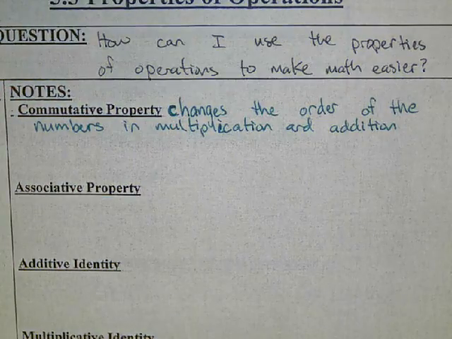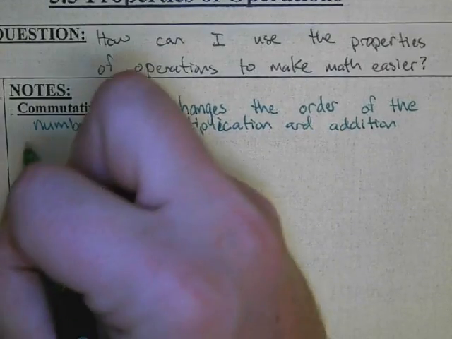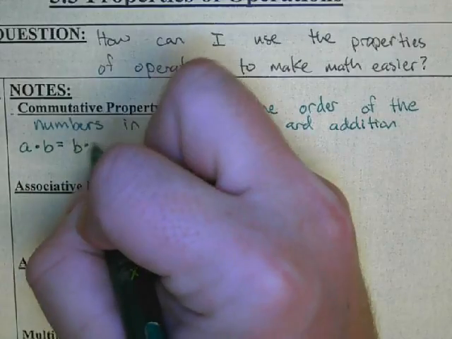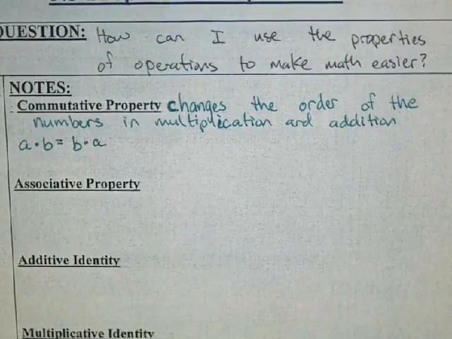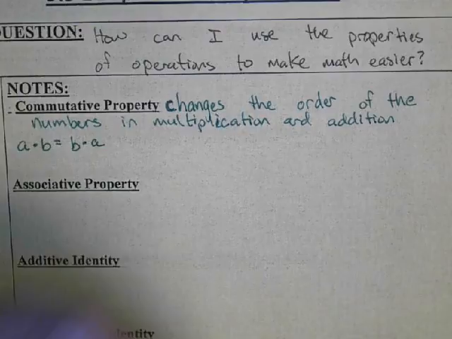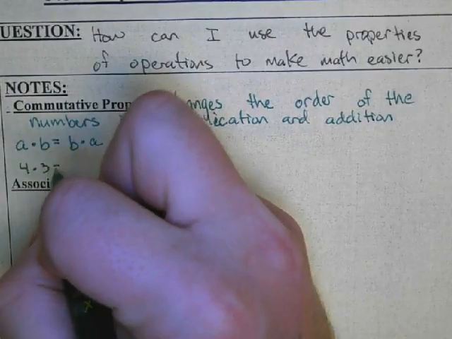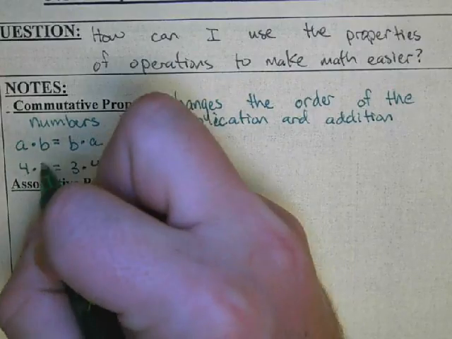So some examples would be, if I had A times B, that would be equal to B times A. That's if we use letters. We could also use numbers and say, well, 4 times 3 is equal to 3 times 4.